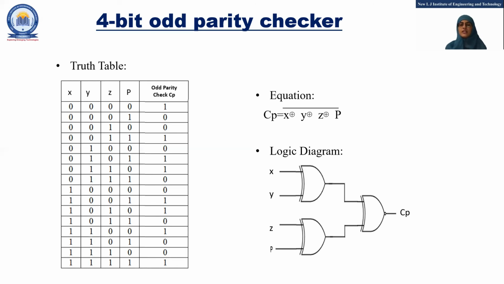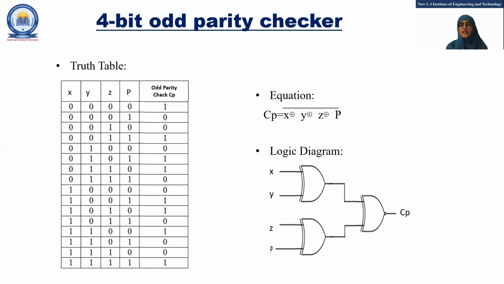Next step is to make the equation. So we generate the equation with the help of the K-map. It will also use the 4-variable K-map, which includes 16 cells. The simplification of the K-map will give the equation CP equals X XOR Y XOR Z XOR P bar.